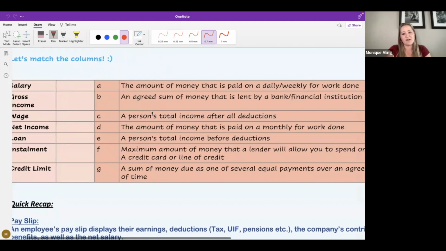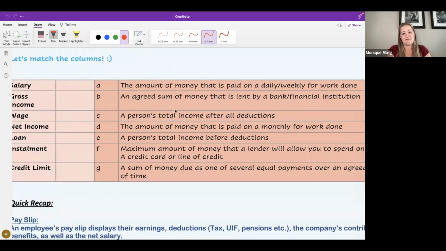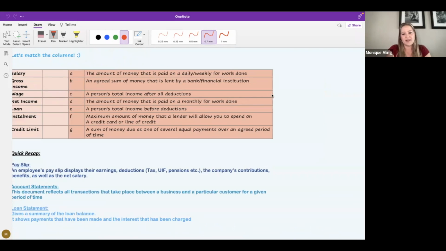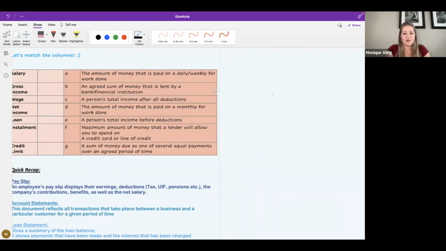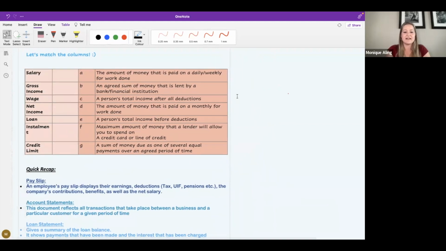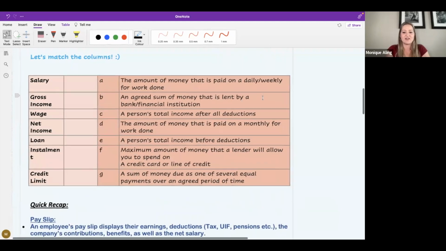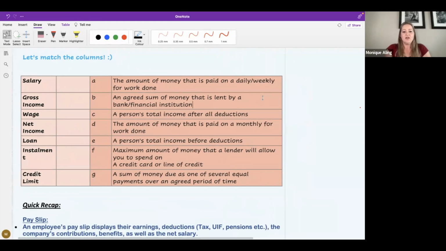Working with those terms, we are now looking at a few others. I hope everyone can read these. I might have to squish this table a bit. Let me know if this helps, because I'm going to zoom in now. Just like the lesson on Monday, we're going to do a match the columns. I'll give you a couple of seconds to look at the different words and the definitions.